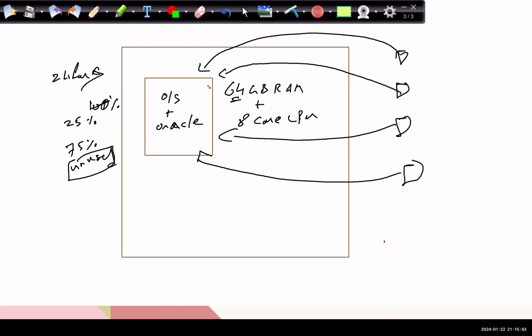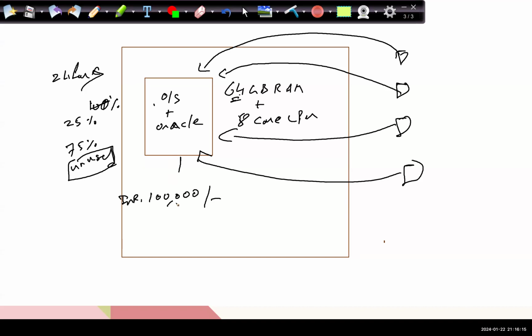Then it starts dipping. That means in 24 hours, we are using this machine at optimal level for only 2 to 3 hours. The rest of the time, it is completely unutilized, which means we purchased 64 GB of RAM and 8 cores of CPU for this machine. Let's say we invested some 1 lakh rupees for this. If this is just one system, it is okay.